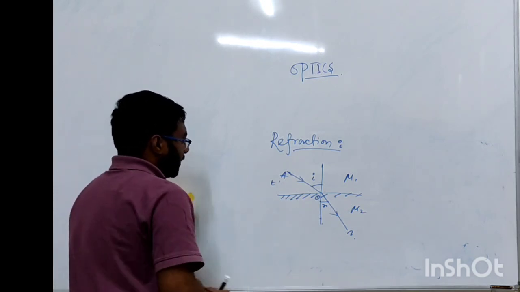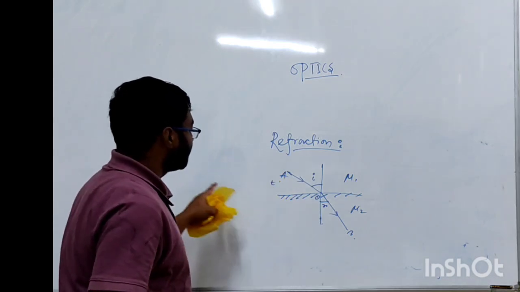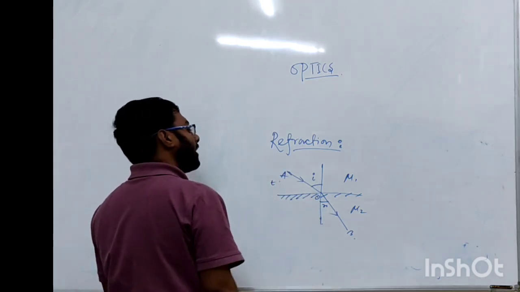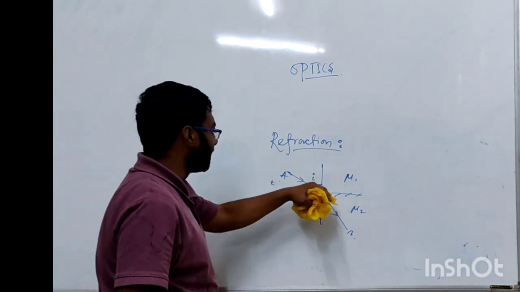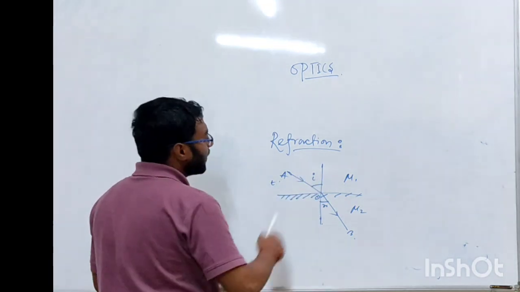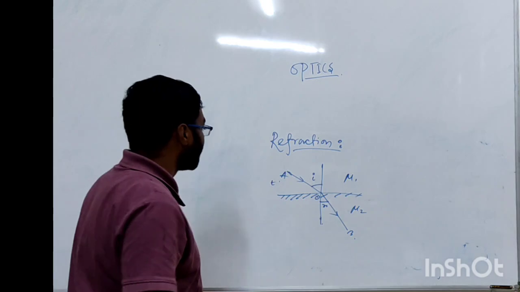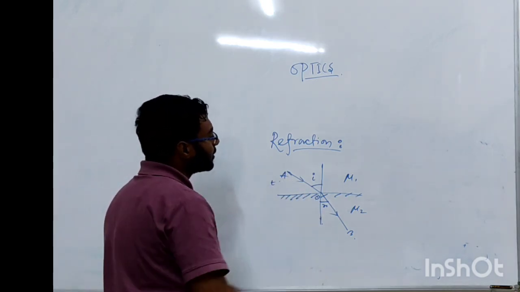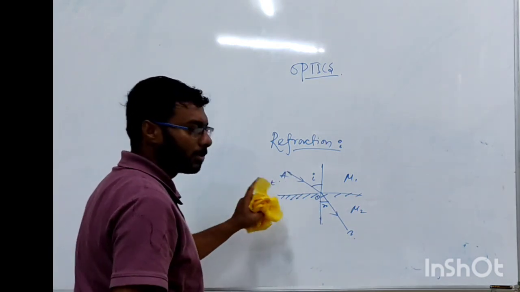The first law of refraction says the incident ray, the refracted ray and the perpendicular to the interface should lie in a particular plane. Why? Because from Fermat's principle the path travelled by light should be minimum. Otherwise the path would not be minimum.